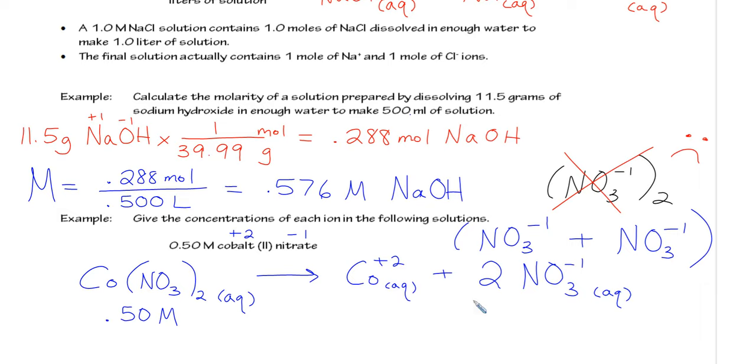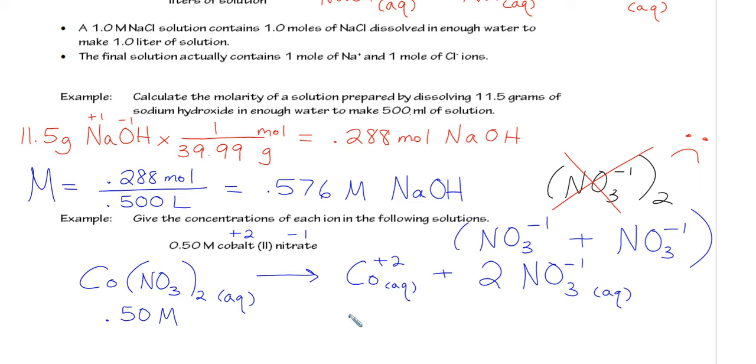Okay, so I have a 0.5 molar solution of this cobalt nitrate. When it dissociates, everybody splits. So since there's 1 cobalt ion per cobalt nitrate molecule, I should have 0.5 moles of cobalt ions per liter of solution.